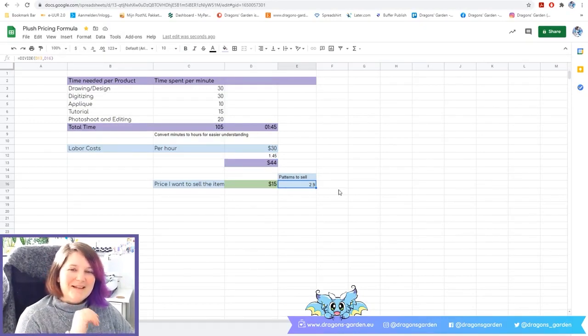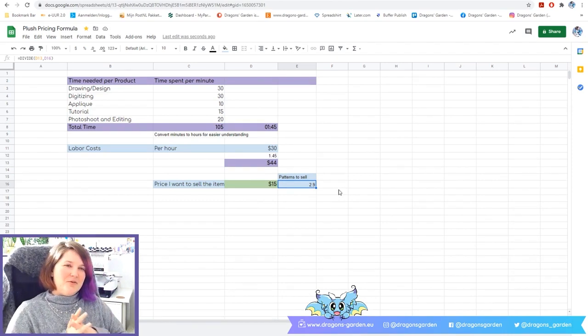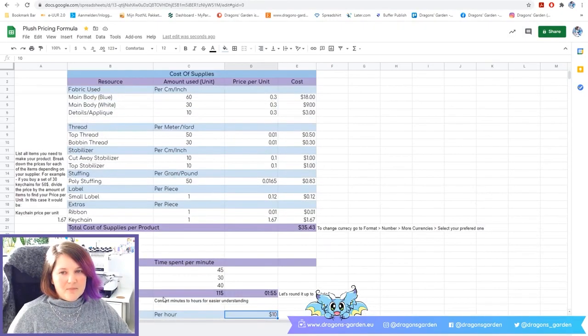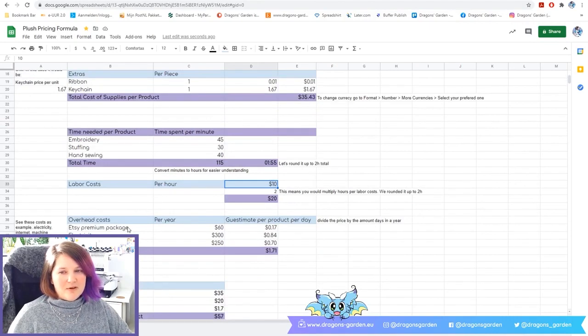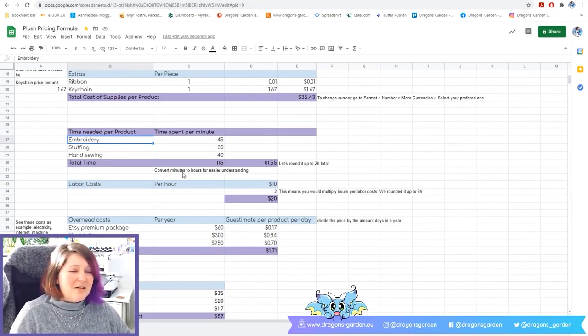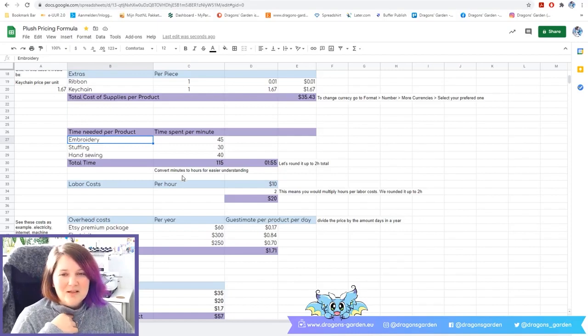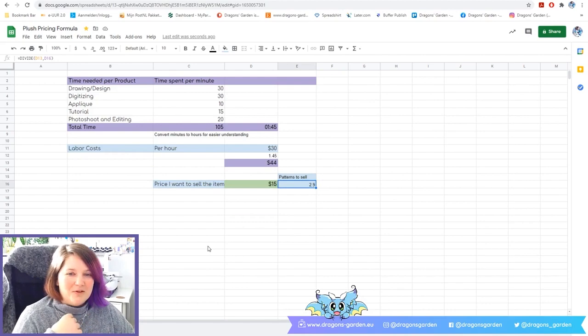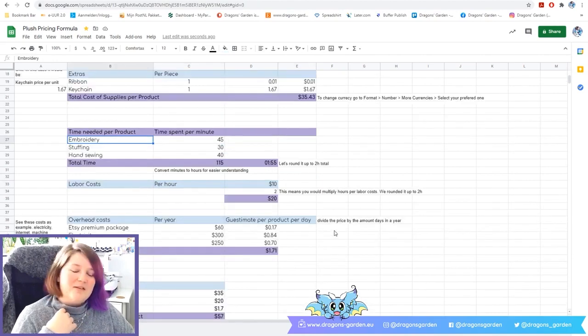But I like to cut down on the time that I spend on that, which is a little bit different from plushies, because there you don't have that much influence over how much time an embroidery file takes to be executed, or your hand sewing time. It can improve over time, but there is not really much time that you can cut there, so it's a little bit different for patterns, but I hope that this makes sense.